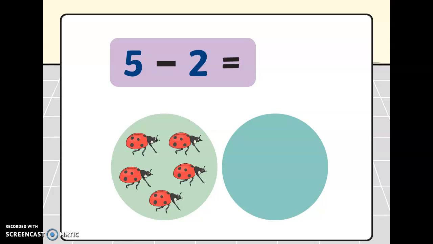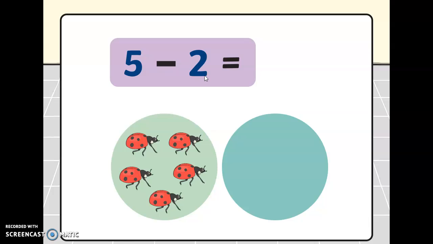Fantastic. Okay, on this slide here, we have got 5 ladybirds. So everybody put 5 fingers up, and we shouldn't need to count these fingers because we know that on one hand we have got 5 fingers. So put up your 5 fingers, and then your number sentence here says 5 take away 2.